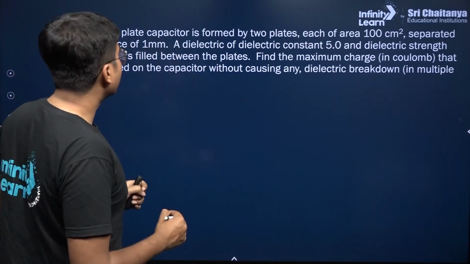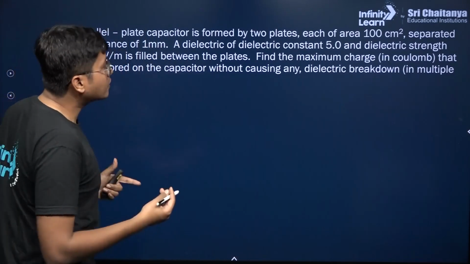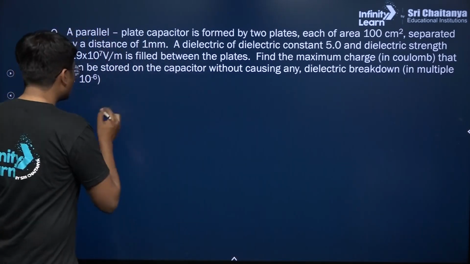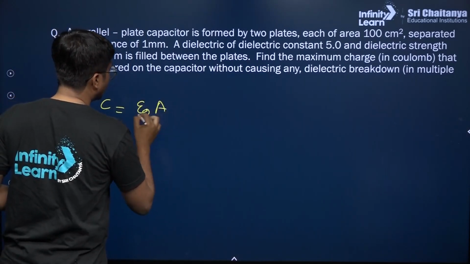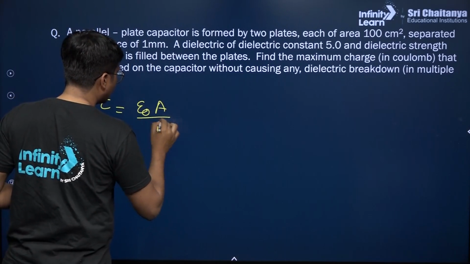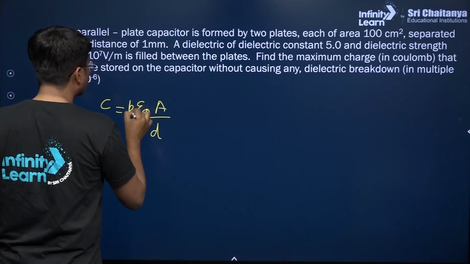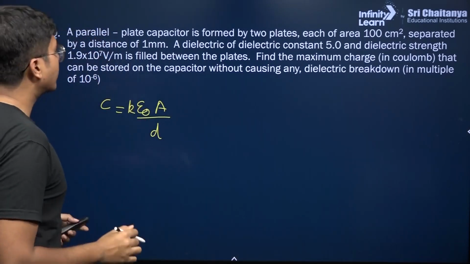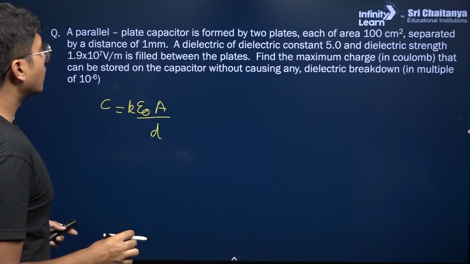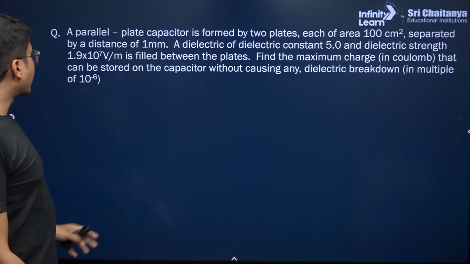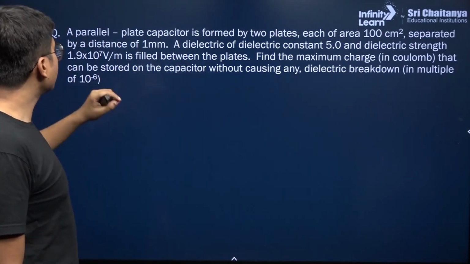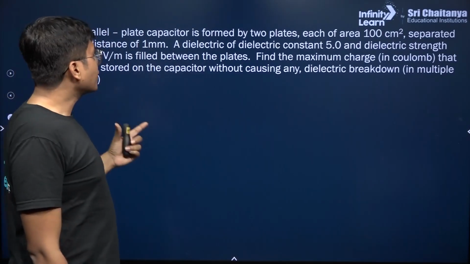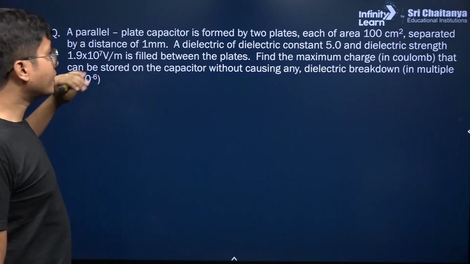So first up, we can write down the capacitance relation. C is equal to epsilon naught A by D. You can have a K in here. So that is your capacitance relation. The question says a parallel plate capacitor formed by two plates, area 100 centimeter square, distance of separation 1 millimeter, dielectric constant is 5, and you've been given the dielectric strength.